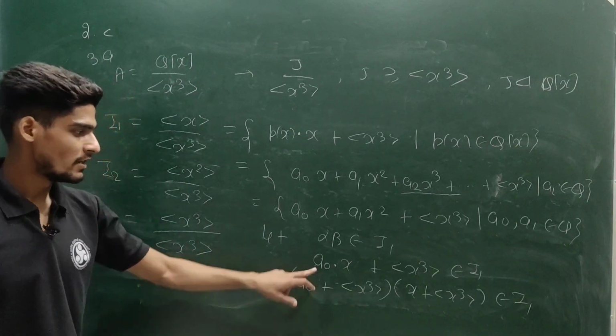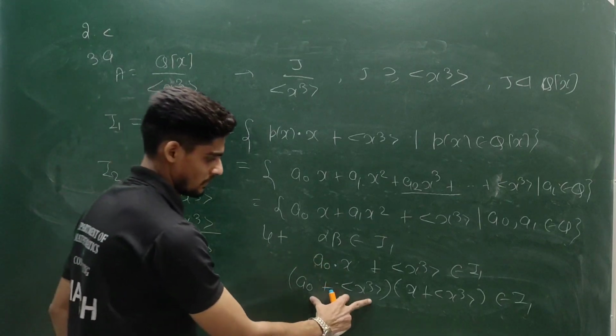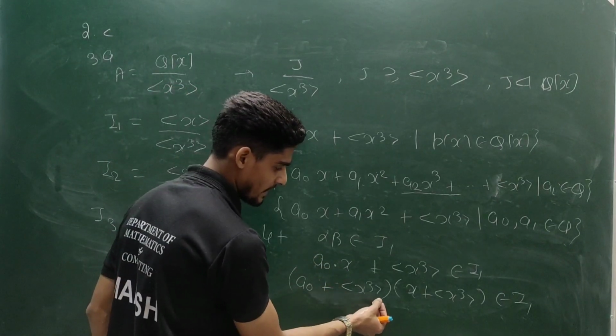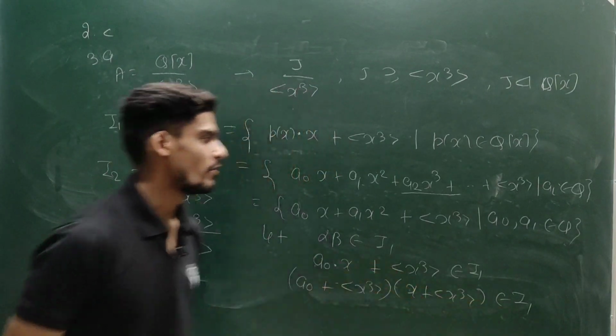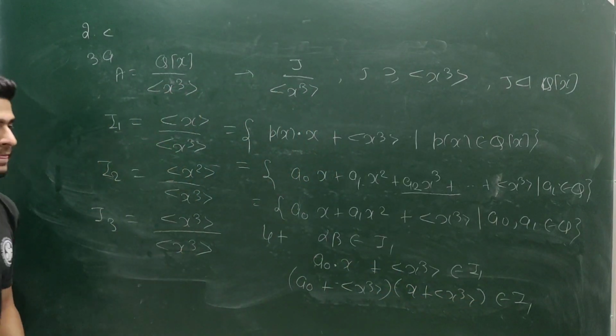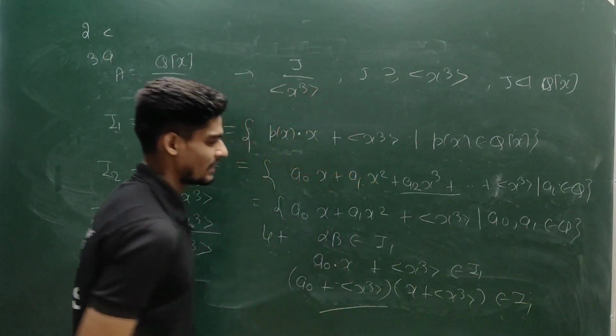So I can separate these two in this format. So a0 plus the ideal generated by x cube, times x plus the ideal generated by x cube, is inside I1, where I1 is this. But you can verify this is not a member of I1, but this is a member. This is creating a problem.